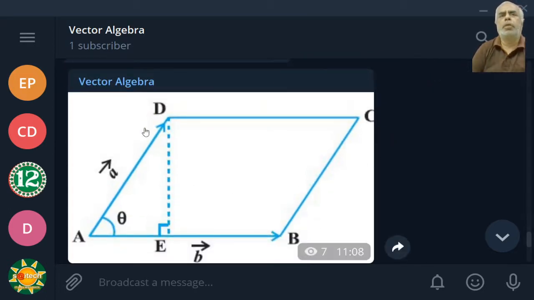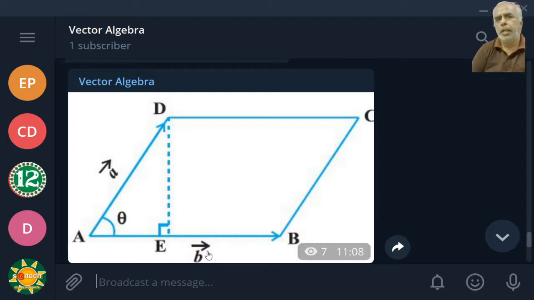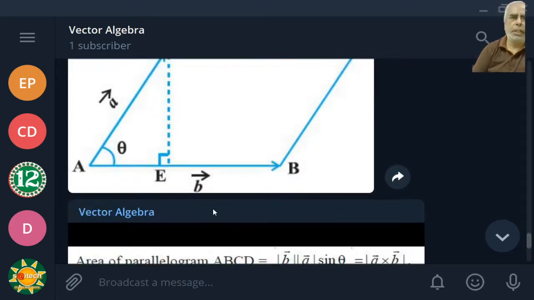So what is the nature of a parallelogram? Opposite sides are equal and parallel, is it not? So here AB and DC are parallel and equal. BC and AD are parallel and equal. Let us consider vector AD as vector A, vector AB as vector B. It makes an angle theta and the altitude, the height, is DE.